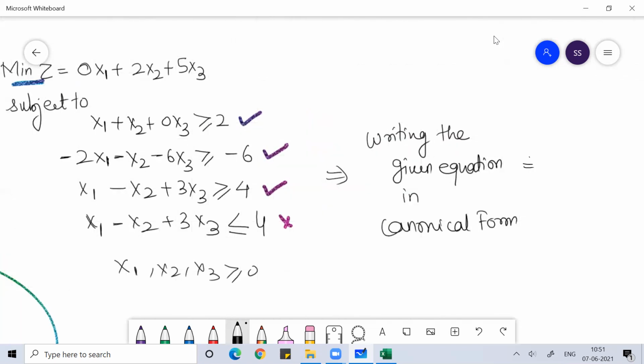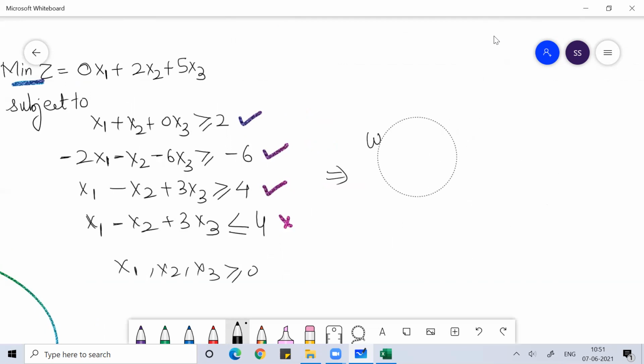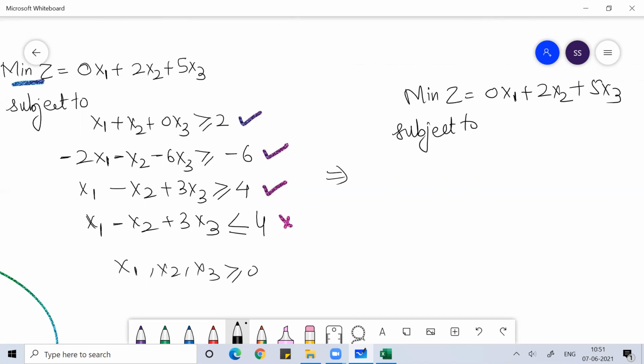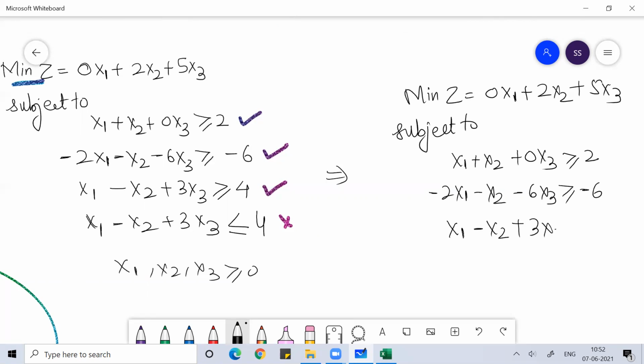What will you get? Minimize z equal to 0x1 plus 2x2 plus 5x3, subject to x1 plus x2 plus 0x3 greater than or equal to 2, minus 2x1 minus x2 minus 6x3 greater than or equal to minus 6, x1 minus x2 plus 3x3 greater than or equal to 4, and minus x1 plus x2 minus 3x3 greater than or equal to minus 4, where x1, x2, x3 are greater than or equal to 0.